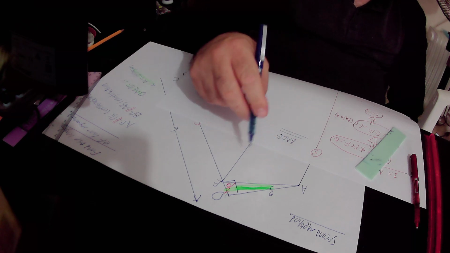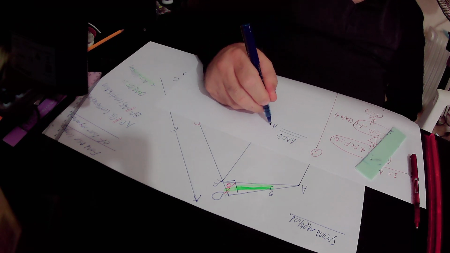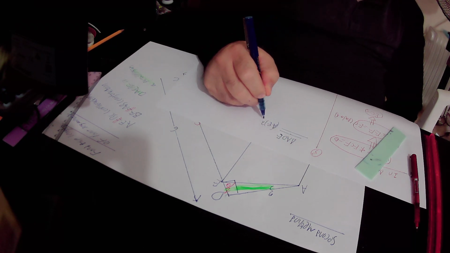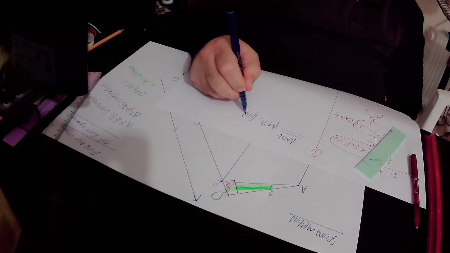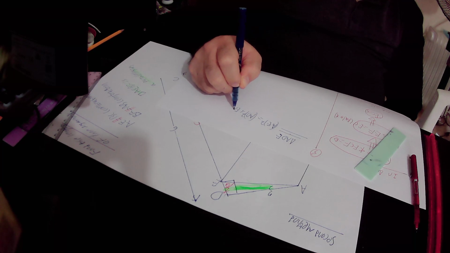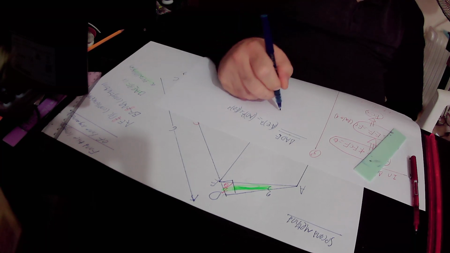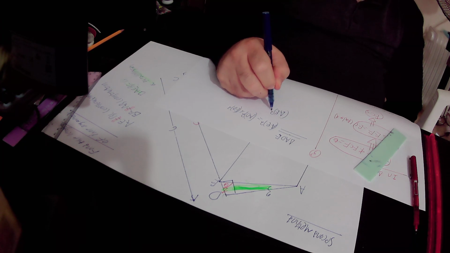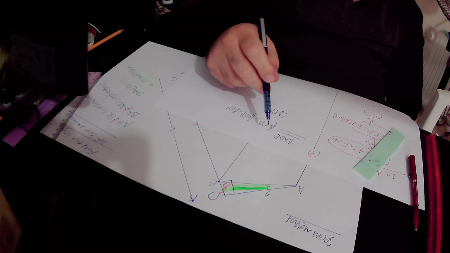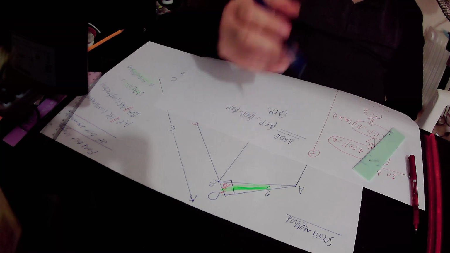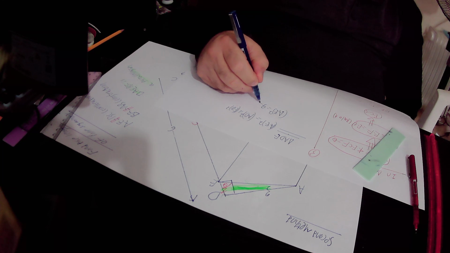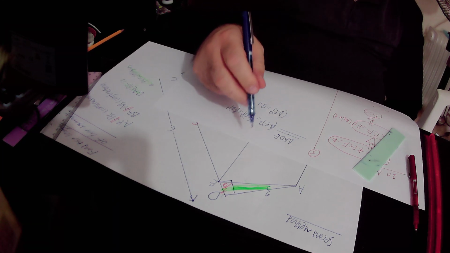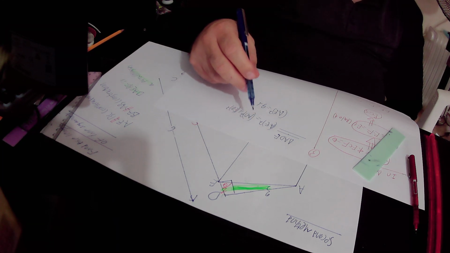The hypotenuse is AE, so AE squared equals AD squared plus ED squared. AD equals 3 units, so AD squared is 9, plus ED squared, where ED equals 1, so ED squared is 1.